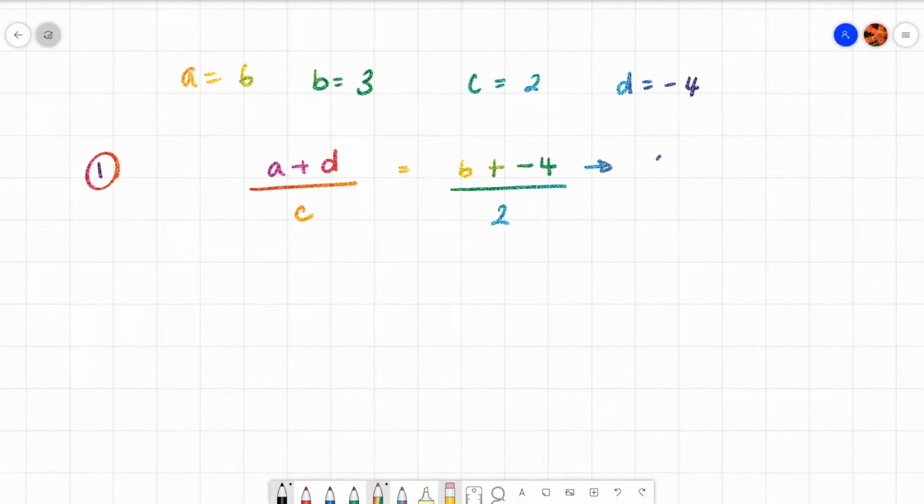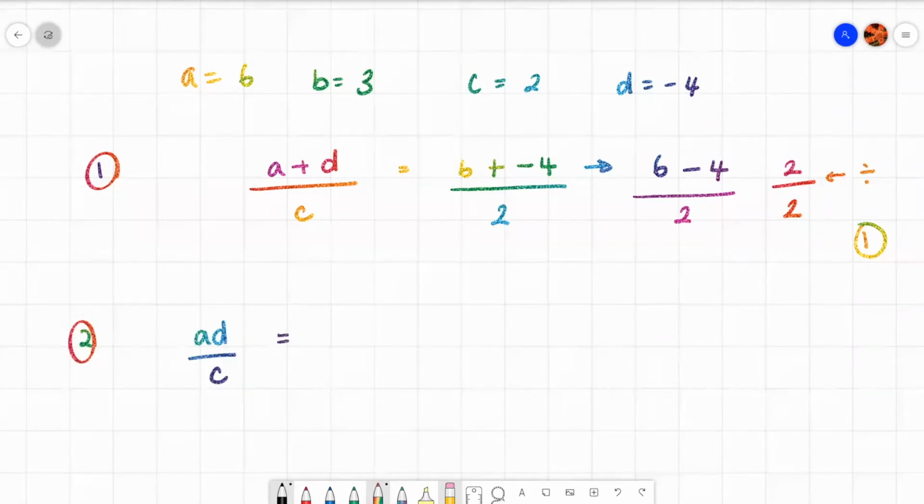Important here: what does a plus and a minus make? It makes a minus. 6 take away 4 is 2, over 2. That line there means divide. 2 divided by 2 is 1. That's your answer.